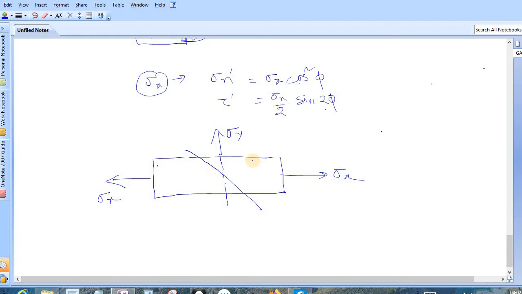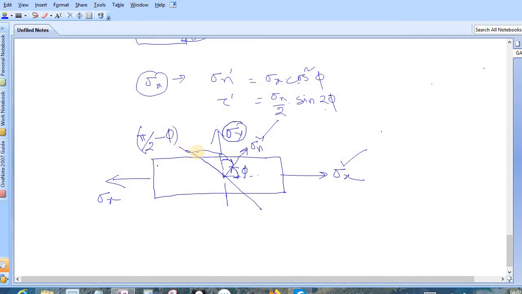We have already measured phi. This was sigma n dashed, or the normal stress due to sigma x. We have measured phi in anti-clockwise direction. Now what is the angle made by this stress with sigma n? Simply this angle, what is this? This is your pi by 2 minus phi.